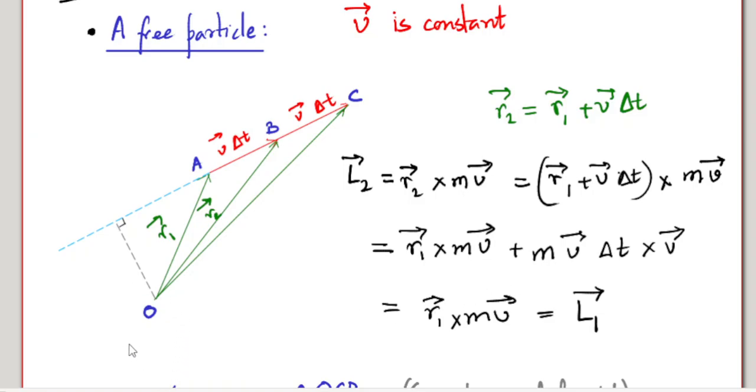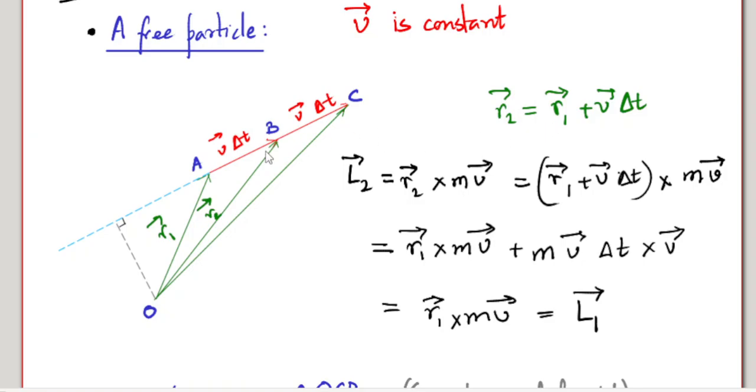Here O is our origin and A, B and C are three successive positions of the particle at equal time intervals. So a time interval of delta t has elapsed between A and B, another delta t has elapsed between B and C. So of course AB and BC have exactly the same length, because the vectors denoting them are exactly the same. They are both V delta t.